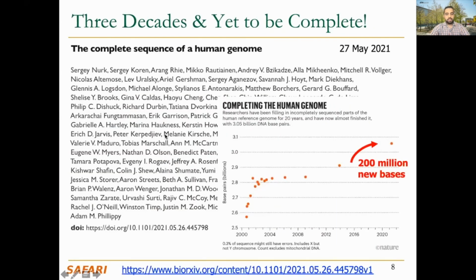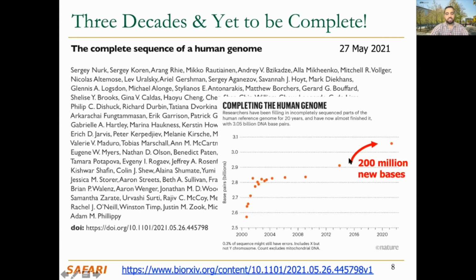And in the last year, we had a paper from a huge group of people who did the assembly in a very efficient way using new sequencing technology. Only because of the sequencing technology, we were able to get this new, let's call it a near complete, version of the human genome.